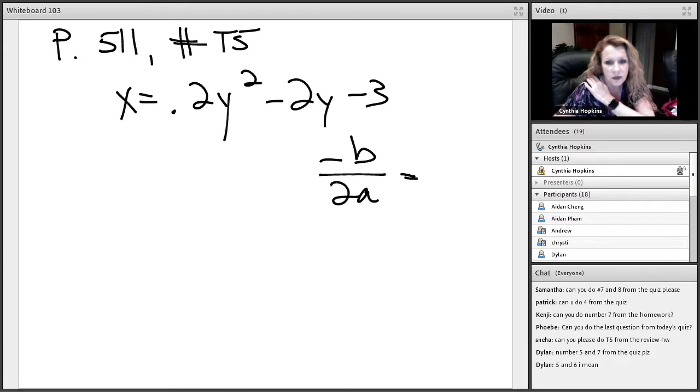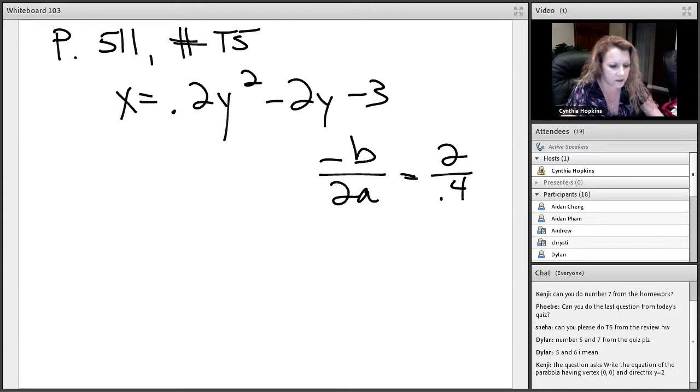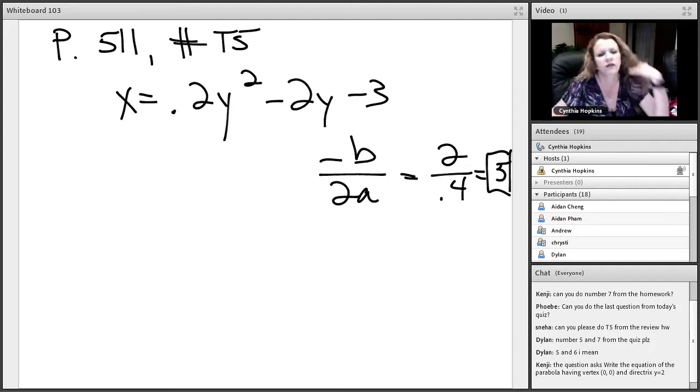So the opposite of b is 2. 2 times a is 0.4. So 2 divided by 0.4 gives me 5. If I'm not sure whether that's the x or the y coordinate of my vertex, I just look at the equation they gave me.